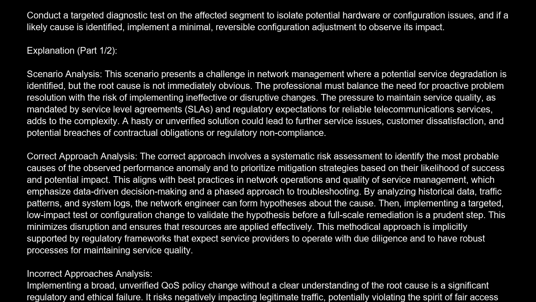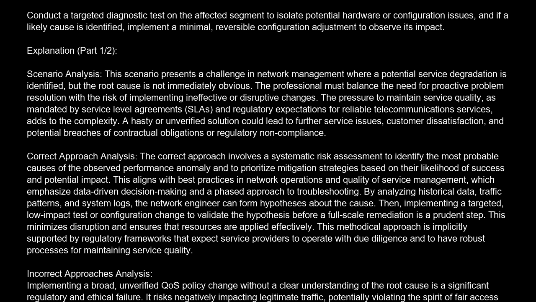Correct approach analysis. The correct approach involves a systematic risk assessment to identify the most probable causes of the observed performance anomaly and to prioritize mitigation strategies based on their likelihood of success and potential impact. This aligns with best practices in network operations and quality of service management, which emphasize data-driven decision-making and a phased approach to troubleshooting. By analyzing historical data, traffic patterns, and system logs, the network engineer can form hypotheses about the cause.